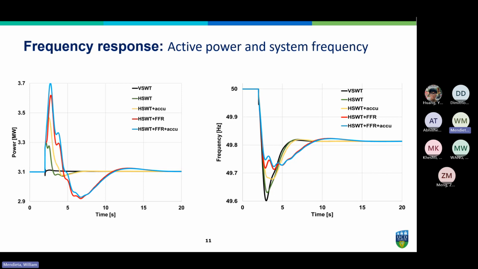The figure on the right shows the frequency traces for the different cases. For the base case, the variable speed wind turbine ignores the frequency disturbance, leading to a larger rate-of-change-of-frequency and lower frequency nadir. The frequency response is improved in all cases by activating the frequency controls, due to the additional power injection, which improves both the rate of change of frequency and the frequency nadir.